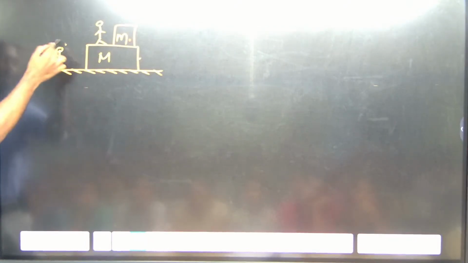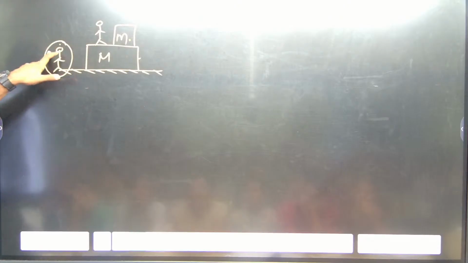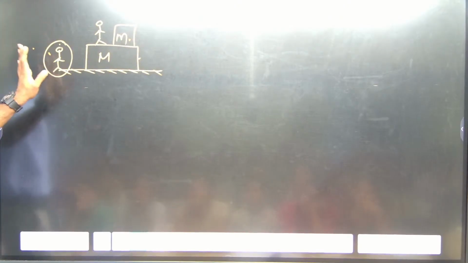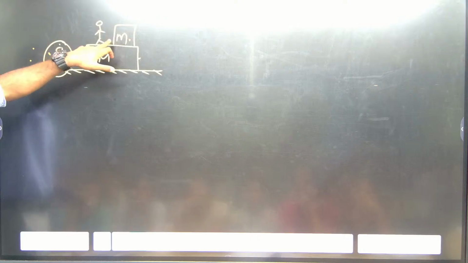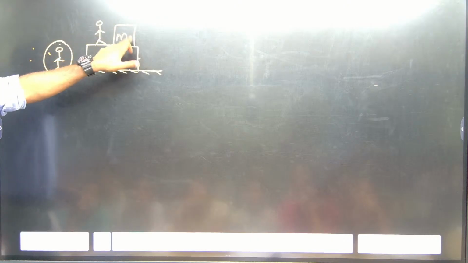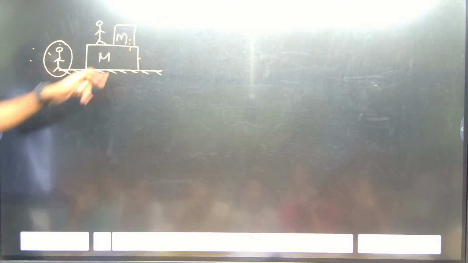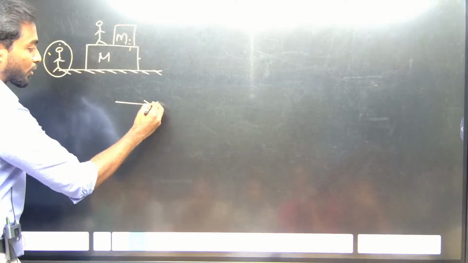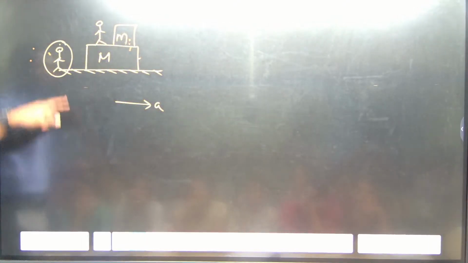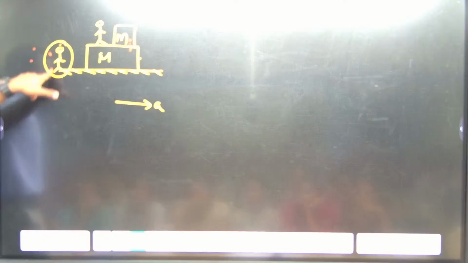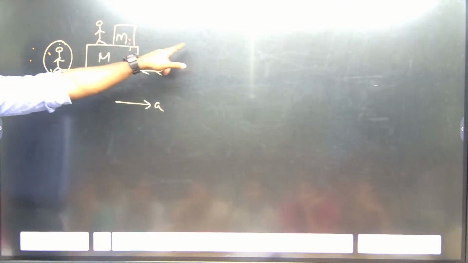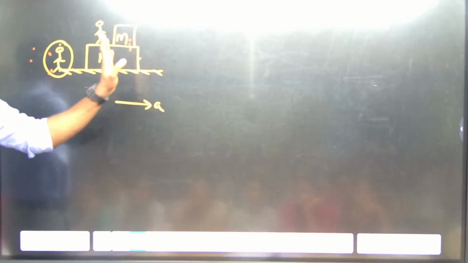So a person standing here, let me take, I am standing here or some person is standing here and is observing the person and the block small m, which is going with acceleration a or not. With respect to the person on the ground, everything is going with acceleration a, yes or no? A person who is standing here and watching this block, what about the acceleration?